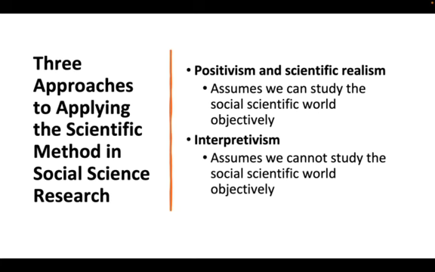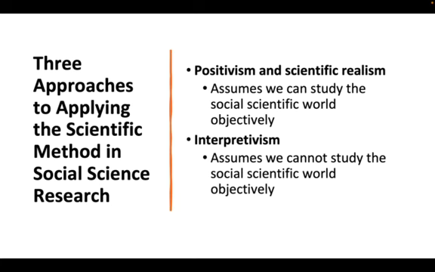We can simply measure a concept, hypothesize about how that concept affects another concept, test our hypothesis, and just simply look at the data and come to a conclusion. So that's taking a positivist perspective or a scientific realist perspective.